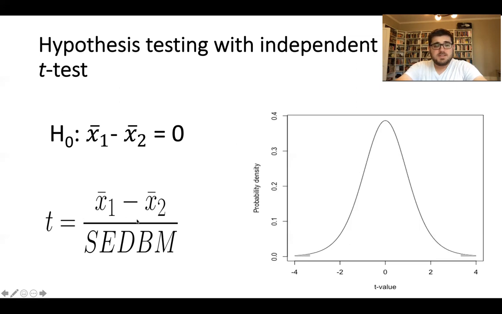Now, what exactly is a t-value? So the numerator of the t-value is just the literal difference between the two sample means. But we're dividing that by this crazy acronym right here. It stands for the standard error of the difference between means. What does that mean?